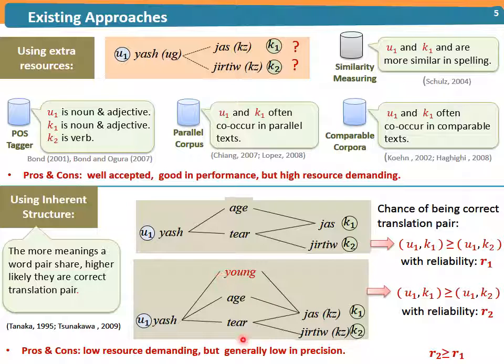And if there are even more shared meanings, we can even give a higher score to their correctness or reliability. So this kind of approach is usually low resource demanding, so there is no need for extra resources, but generally low in precision.